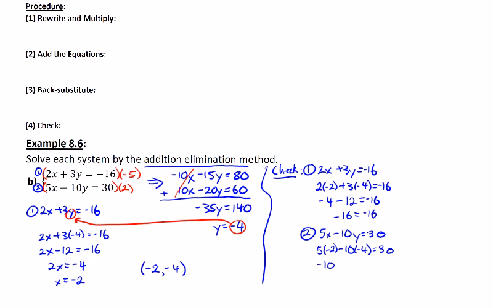So that's negative 10 plus 40, which does get us 30 equals 30. So they both check out. Make this our solution set and box it as our answer.